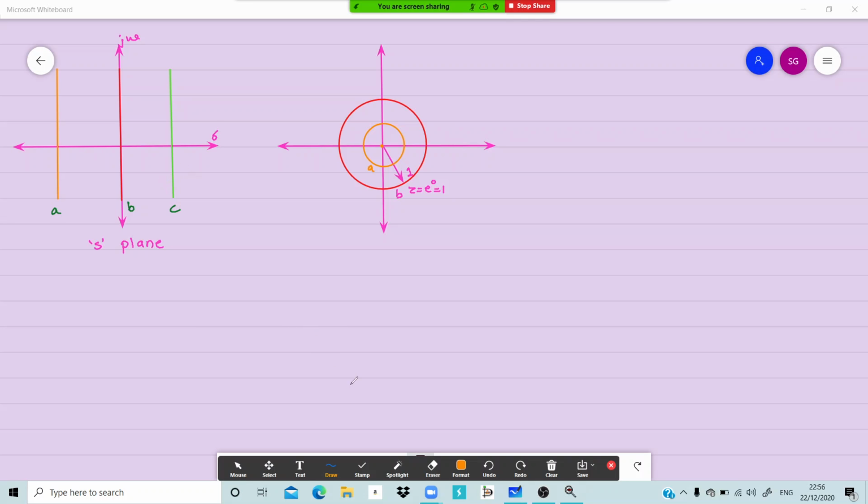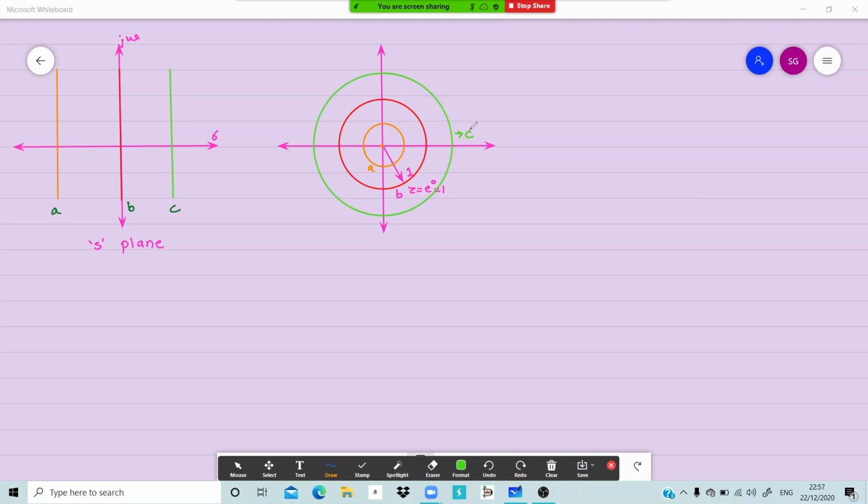So definitely the radius is increasing, and the circle with higher radius... I think this is okay. Okay, and this circle is representing the curve C, or the vertical line C.